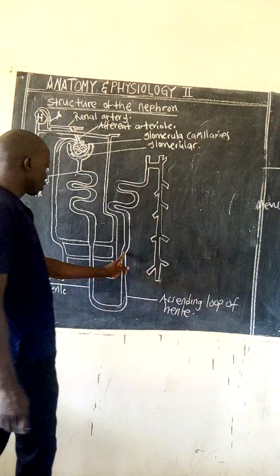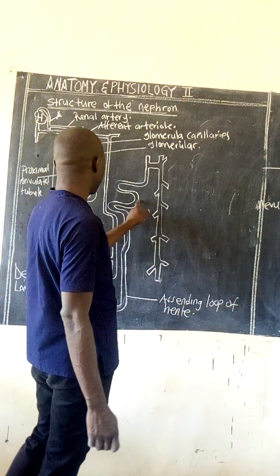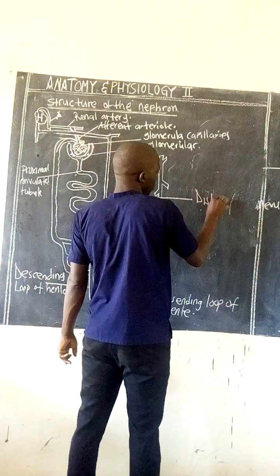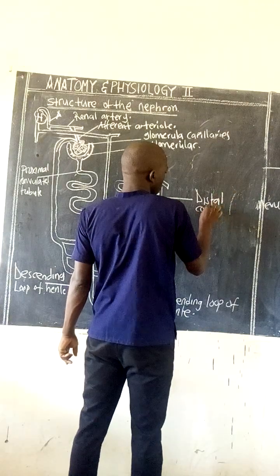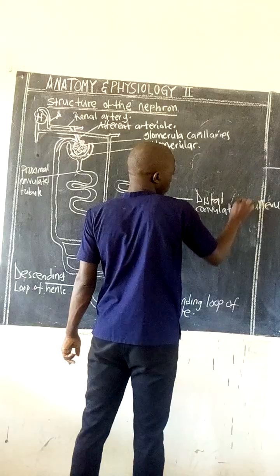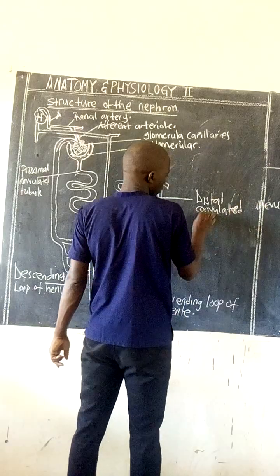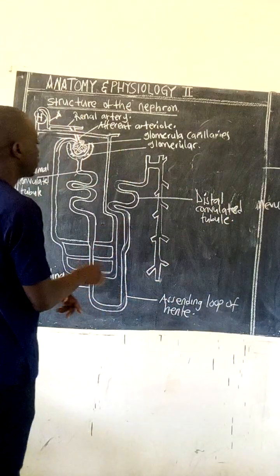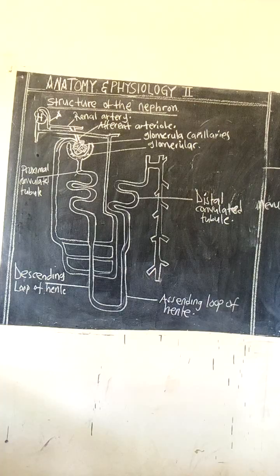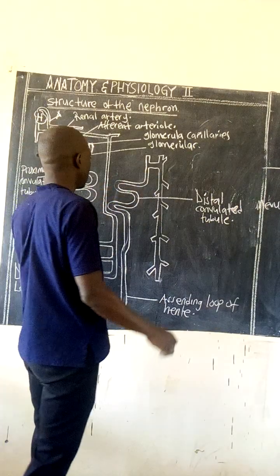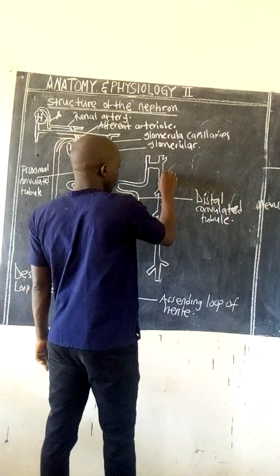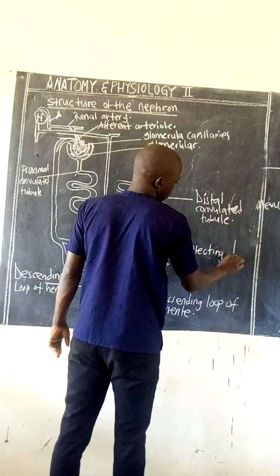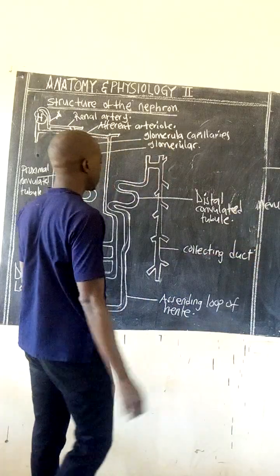So it continues, the ascending limb ascends up to another part that we call the distal convoluted tubule. The distal convoluted tubule processes this fluid to what we call the collecting ducts.